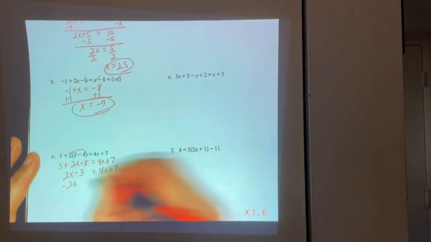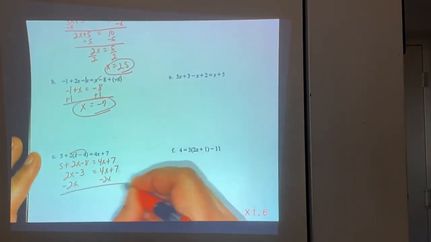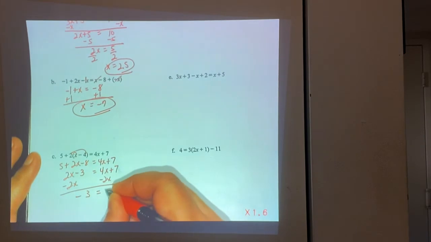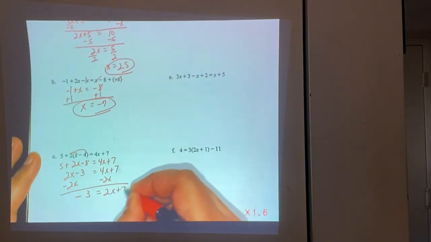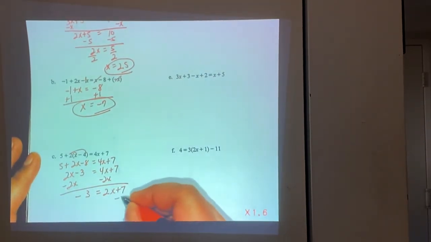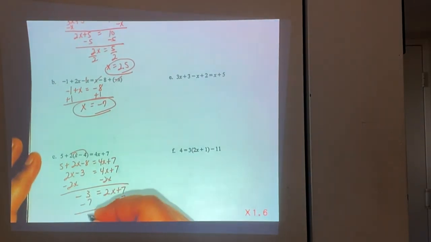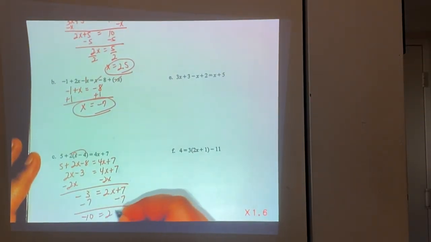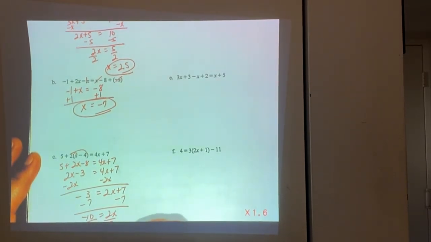Minus 2x from both sides. I get negative 3 equals 2x plus 7. Minus 7 from both sides. I get negative 10 equals 2x. Divide both sides by 2. You get x equals negative 5.